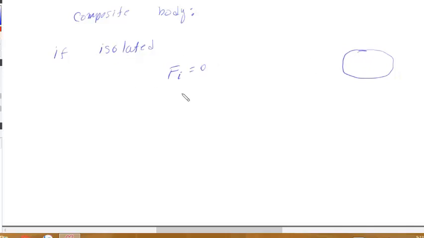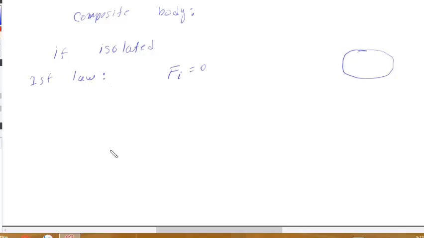Then according to Newton's first law, it moves with uniform velocity. If there is no external force, then the Earth will move with uniform velocity, and it obeys this law.